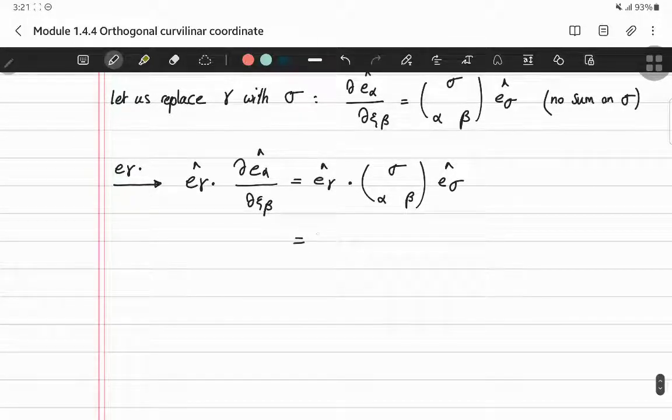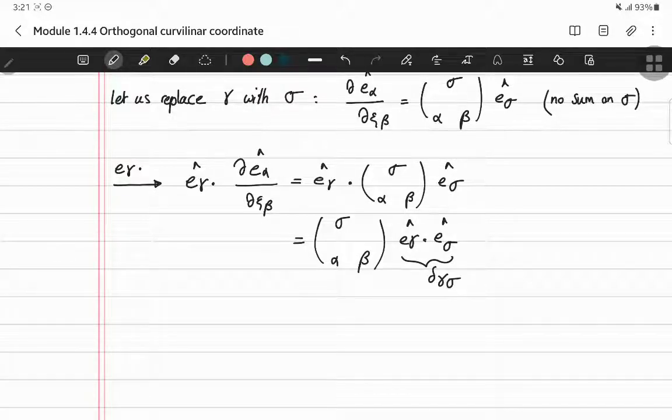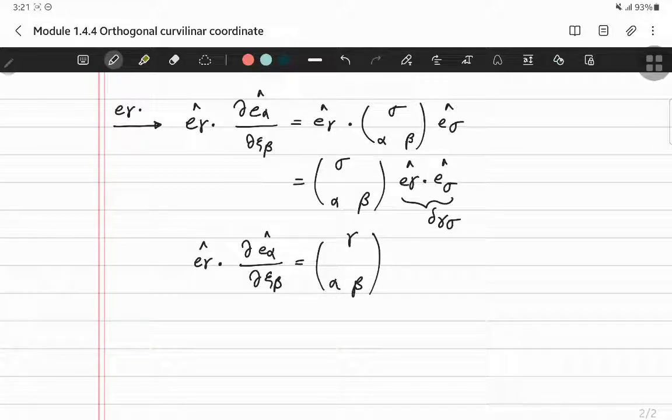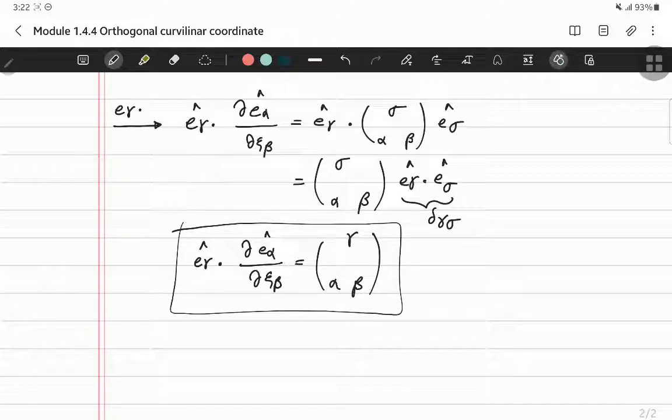So this will be sigma alpha beta e gamma dot e sigma. And since we are talking about an orthogonal coordinate system, this becomes delta gamma sigma. So finally I get e gamma dot the partial derivative of e alpha with respect to Z beta is equal to, so I can replace sigma with gamma, something like this. This is also another important equation.